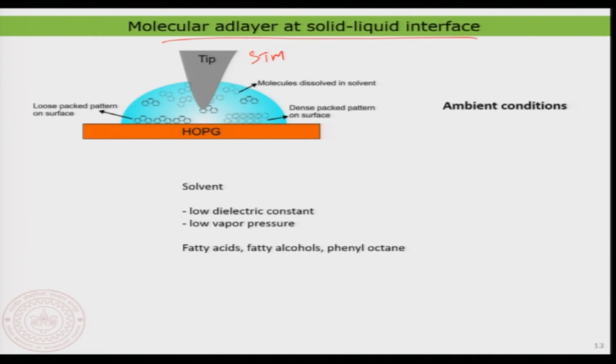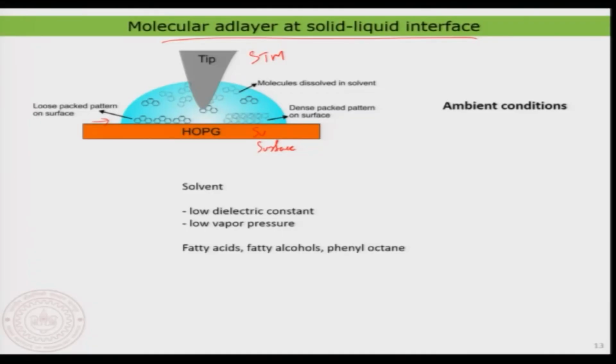So that is the point. You have the surface, and then you have the molecular adsorbates. You can see here they are packing, and then you have the atomically sharp tip of the scanning tunneling microscope, which scans on the surface and tries to image the molecule inside the liquid. That is the interesting aspect here.